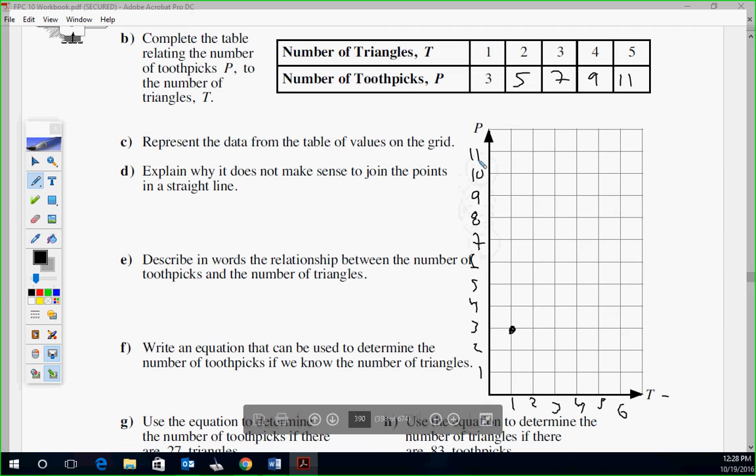Etc. 2 goes to 5. 3 goes to 7. 4 goes to 9. 5 goes to 11. So there you can see you have a linear relation because you can connect those dots in a straight line.